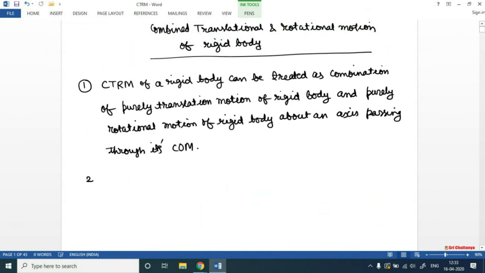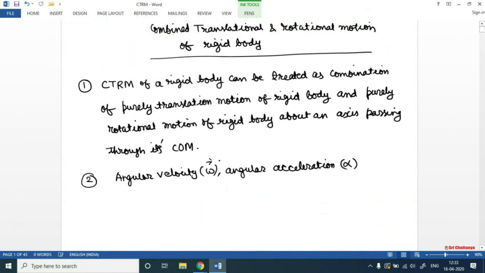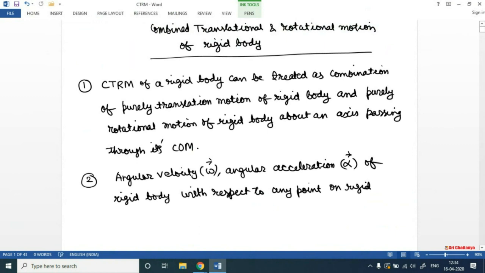Before moving ahead, the other thing we need to understand is that the angular velocity omega, or angular acceleration alpha, of a rigid body with respect to any point on the rigid body will be the same.